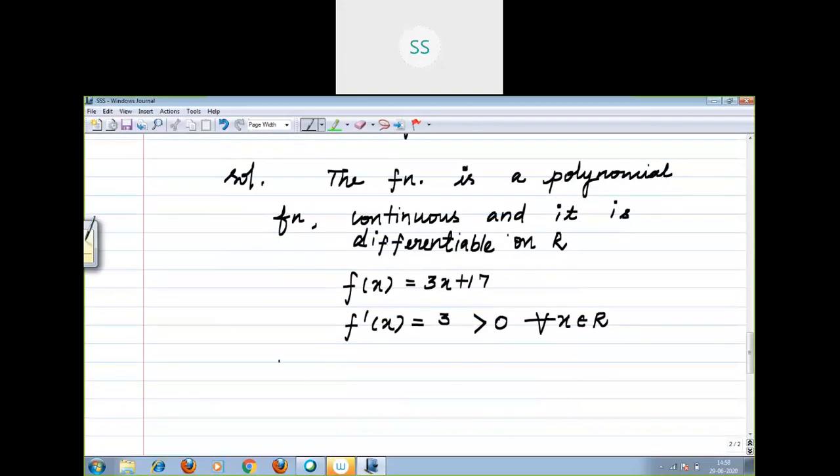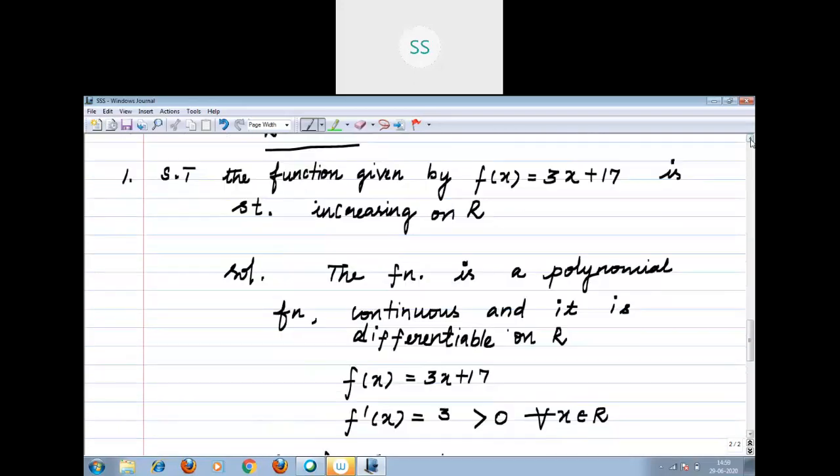Therefore, the function is strictly increasing on capital R. Again, I'll explain, children. When you see the question, you can understand it is a polynomial function, right?